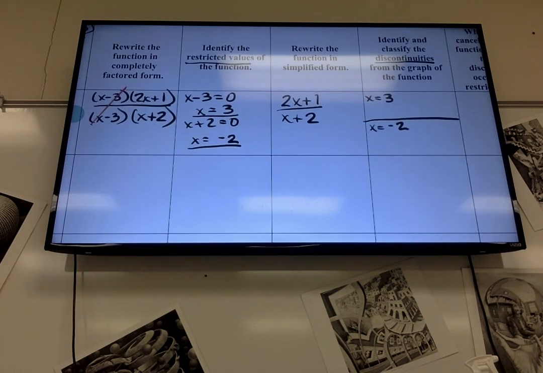You can even look at the picture if you want to. That's a hole. So that would be called a removable point discontinuity.